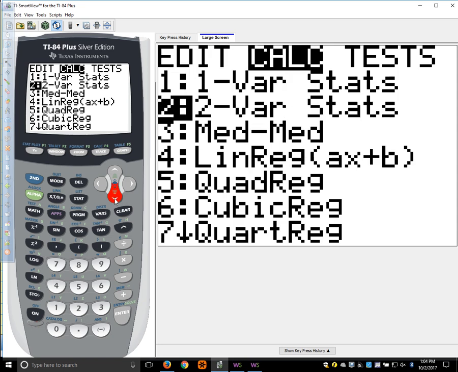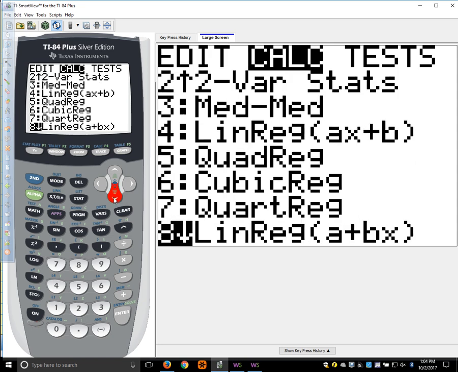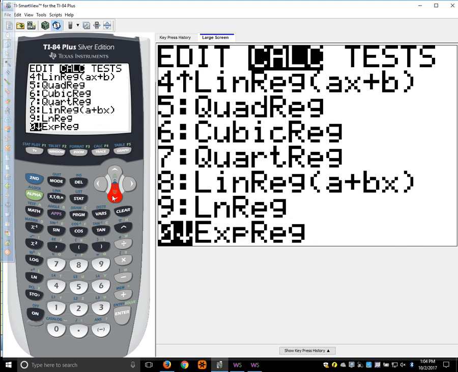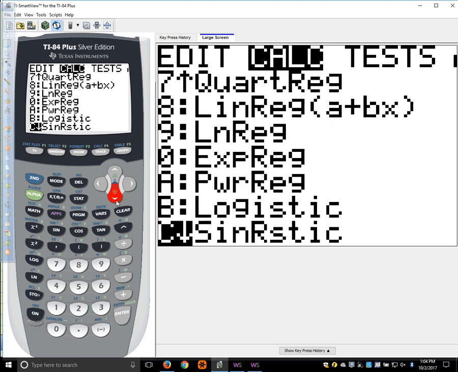So I'm going to keep going down. I have a different linear regression, a logarithmic regression, exponential regression, a power regression, a logistic regression. Finally, a sine regression. So I'm going to hit enter when I get to my sine regression.